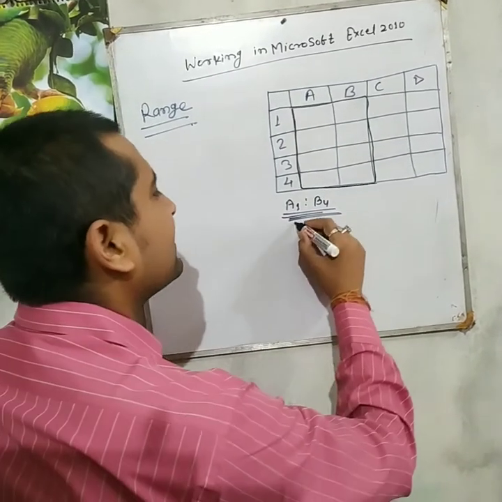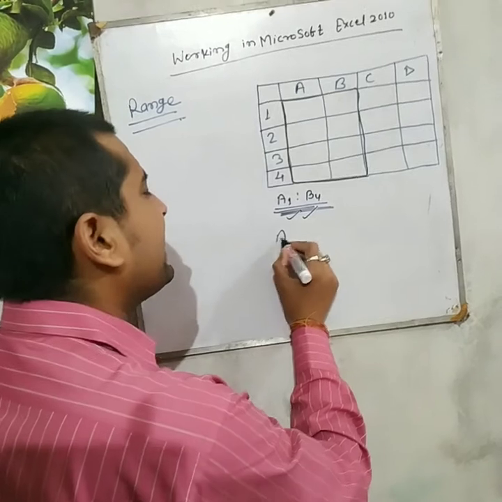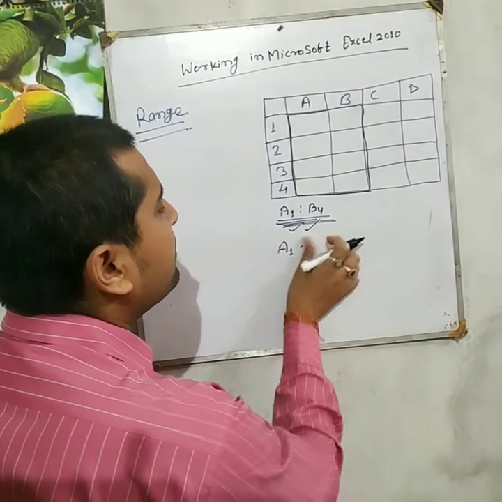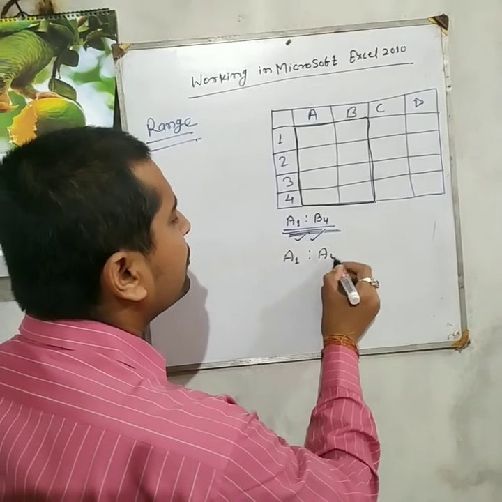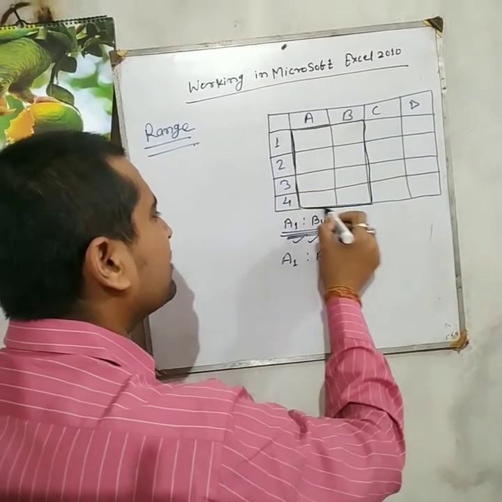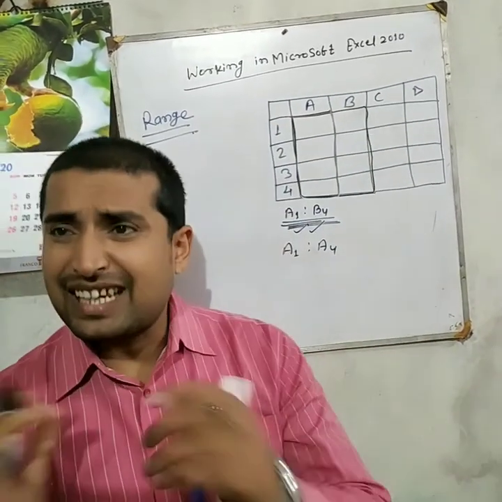That is the range. Suppose A1 to A4. It means what? A1 to A4 means those cells will get selected.